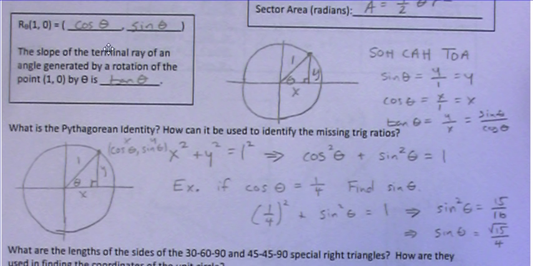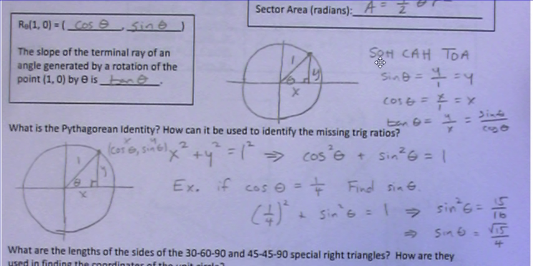Okay, so the next thing we want to talk about is the unit circle and what that entails. And this picture you've seen how many times now? Really you'll want that picture and what that represents in the unit circle. So we know that if we rotate the point (1, 0) by theta degrees or radians, the x-coordinate is the cosine of theta, the y-coordinate is the sine of theta, and the slope of the terminal ray, so in other words the slope of that right there, is the tangent of theta.